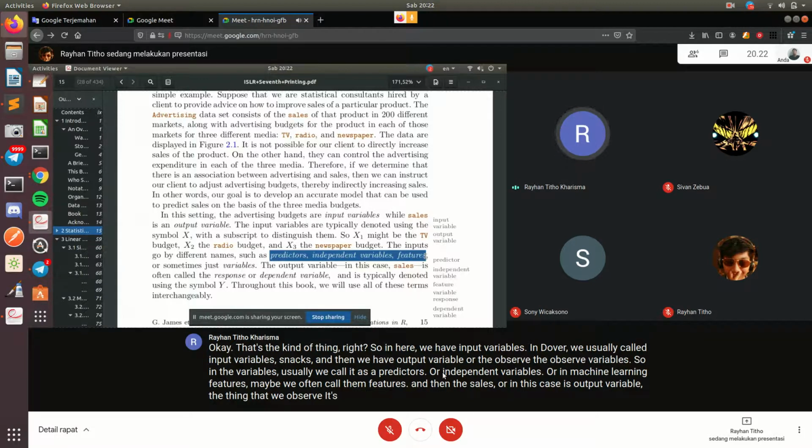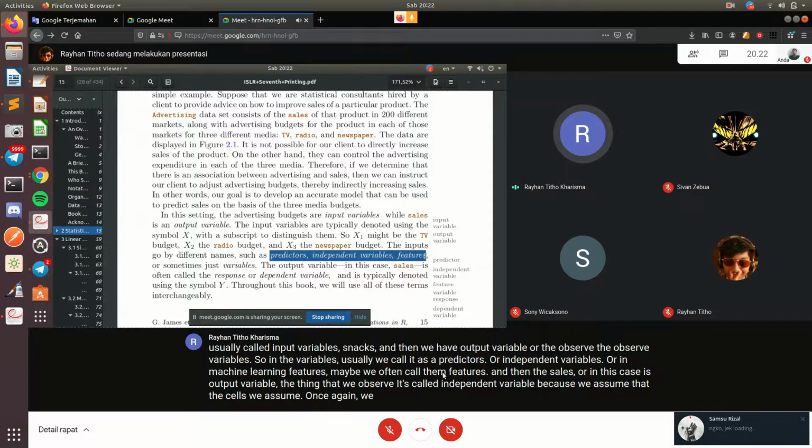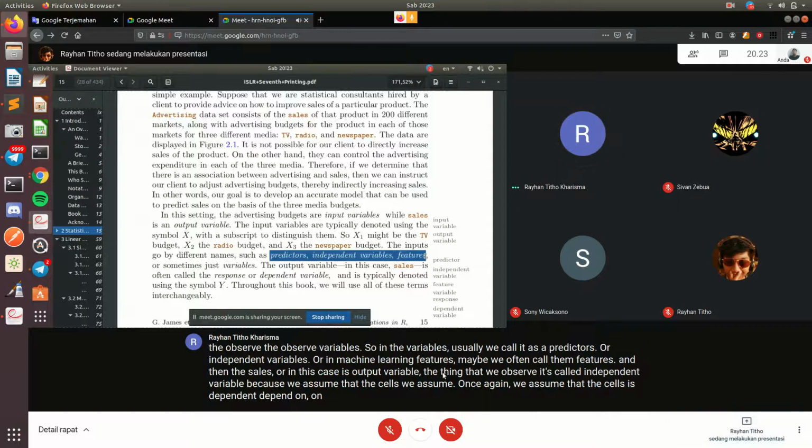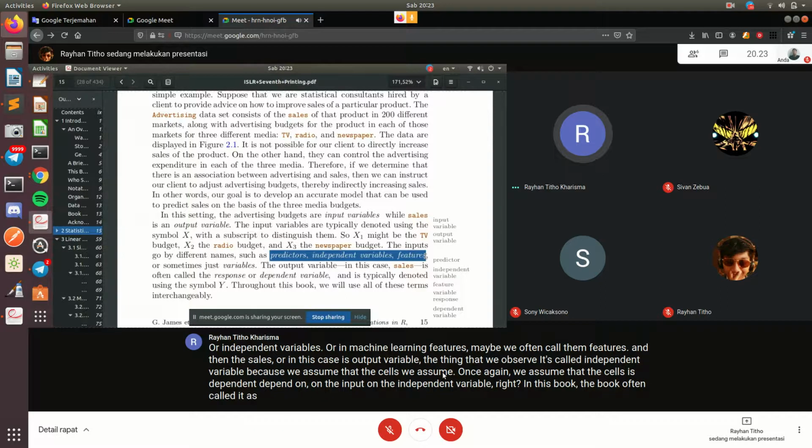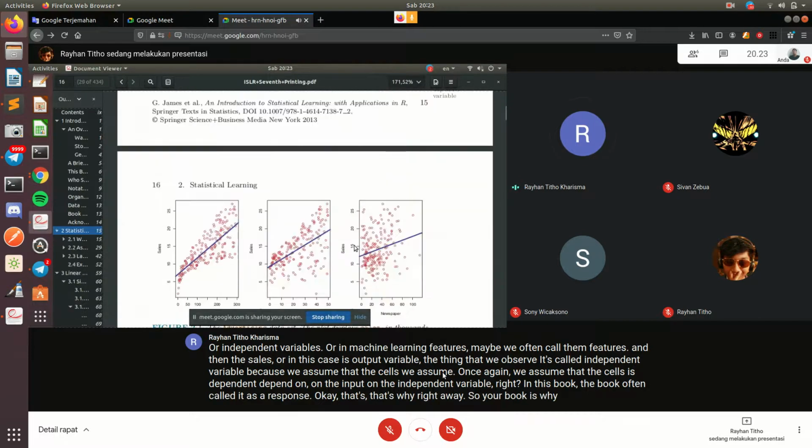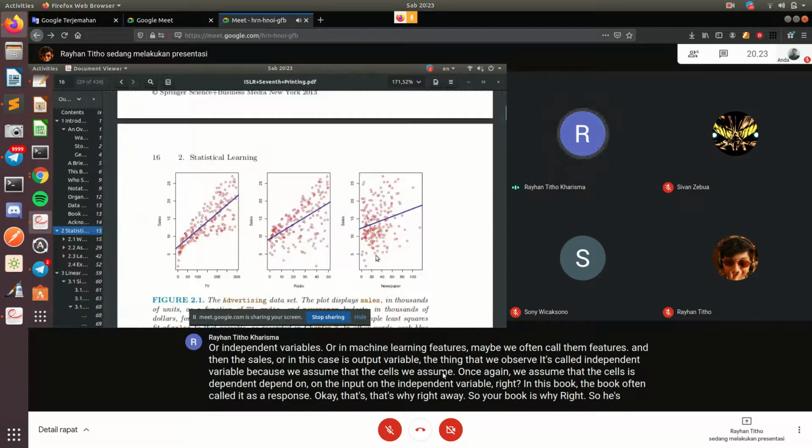It's called the dependent variable because we assume that the sales depend on the input, the independent variables. In this book, it is often called the response. So the output is Y.